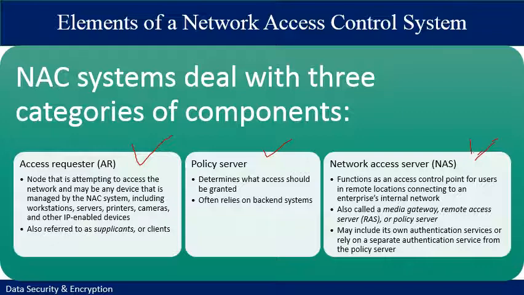It is also called a media gateway, remote access server, or policy server as well, and it may include its own authentication services or rely on a separate authentication service from the policy server.